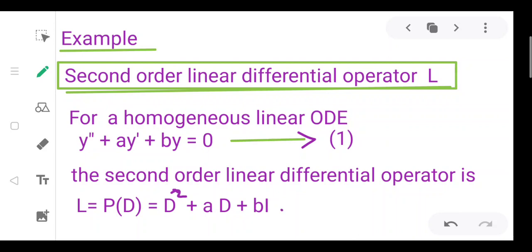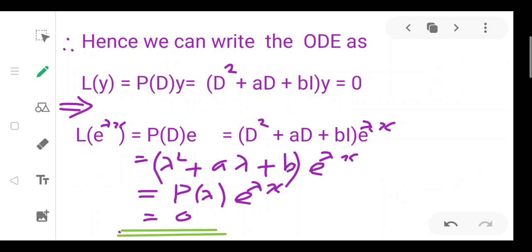Instead of y double dash, we have D square of y, instead of y dash, it is D of y, and this expression as a whole becomes L equal to P of D equal to D square plus aD plus bI. So hence we can write this equation L of y is equal to P of D of y as explained before.